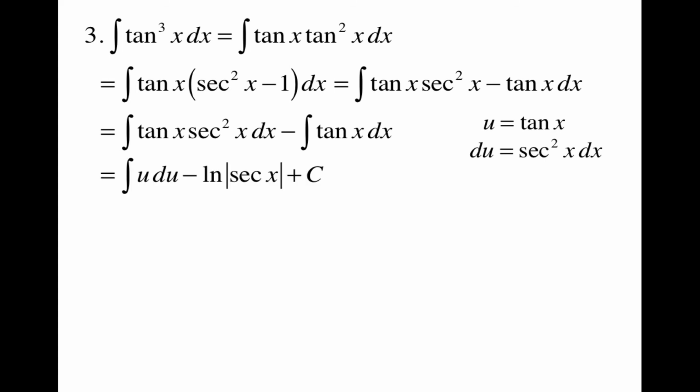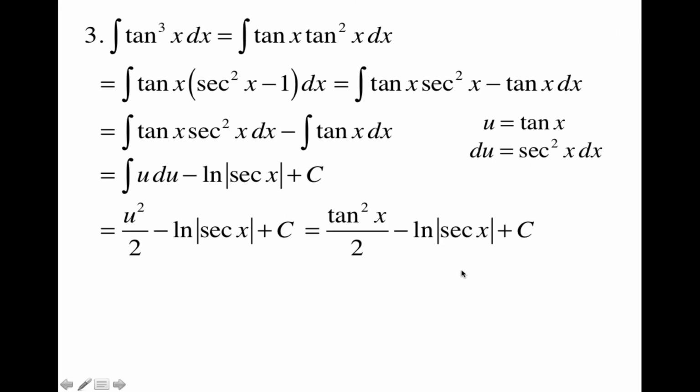So when I substitute in for the first integral, I'm going to integrate u du, and I've already integrated the tangent, which is the natural log of the absolute value of secant x plus c. And so when I integrate u, I get u squared over 2, replace u with tangent, so that I get tangent squared x over 2 minus the natural log of the absolute value of secant x plus c.